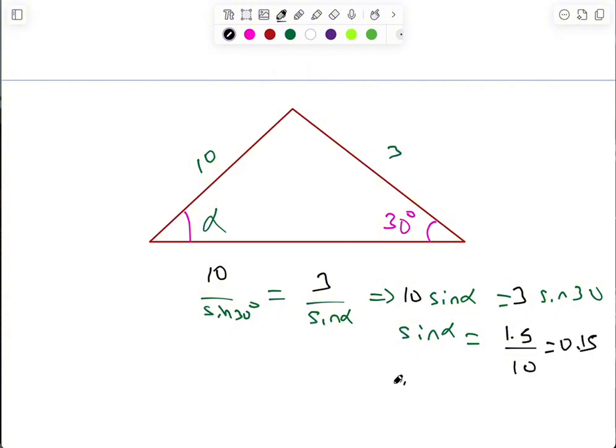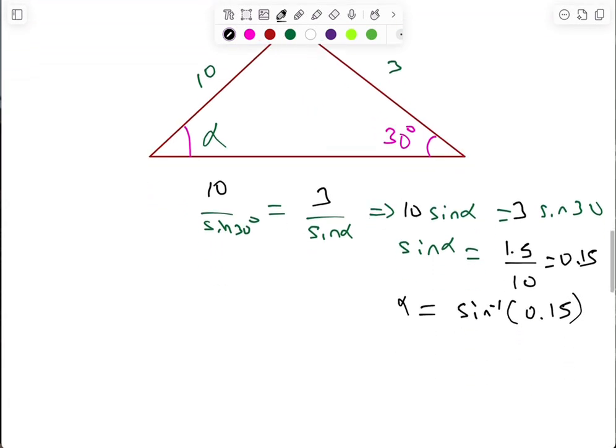So now alpha will be equal to the arc sine of 0.15. So it's what I'm talking about now. I'm looking for the angle alpha such that when I press the sine of alpha, I'm going to get 0.15. So I'm going to press this on the calculator, arc sine 0.15. And this actually gives me 8.63 degrees approximately.